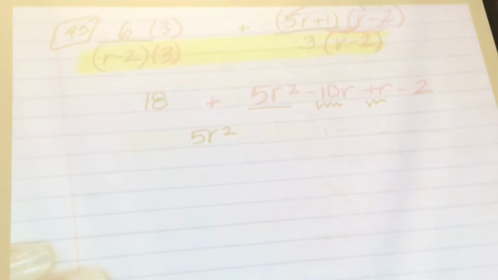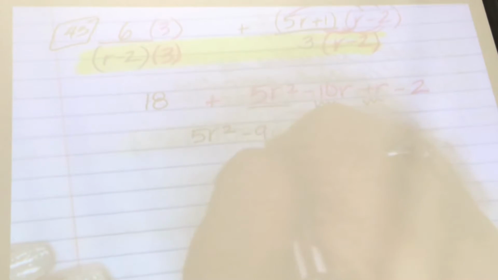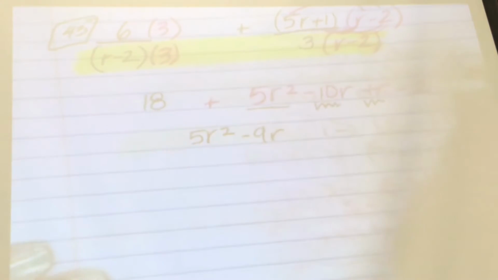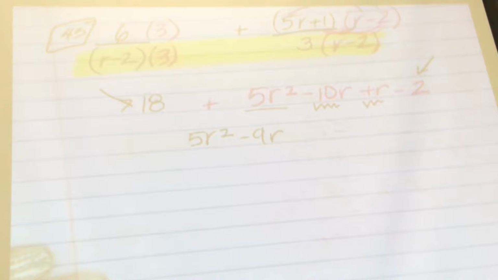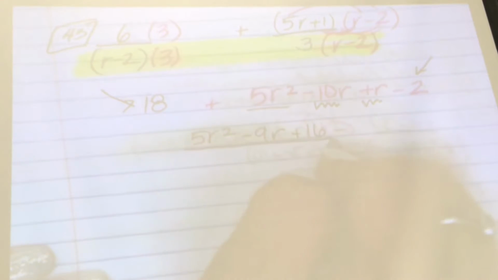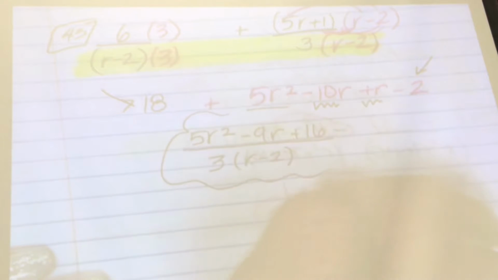So there's only one r squared term, so that's 5r squared. We have a negative 10r and a positive r, so that's going to give me negative 9r. Then we have this negative 2 and this positive 18, which gets me 16, all over 3 times r minus 2.